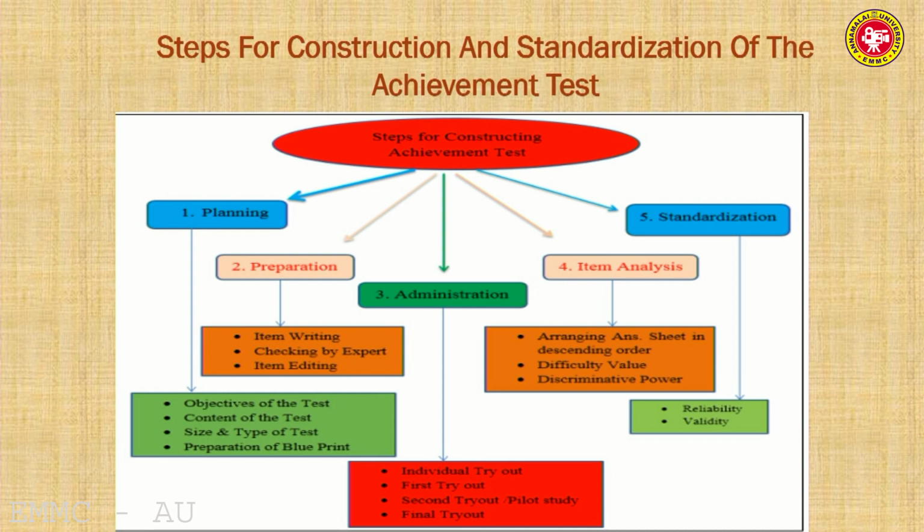Under that you have to follow individual tryout, first tryout, second tryout or pilot study, then final tryout. Fourth step is item analysis. You have to follow the steps: arranging answer sheets in the descending order, difficulty value, discriminating power. Next, fifth step, standardization. Under that you have to see reliability and validity.